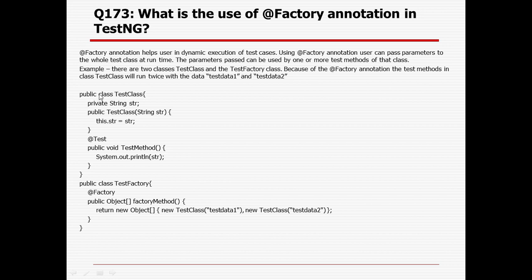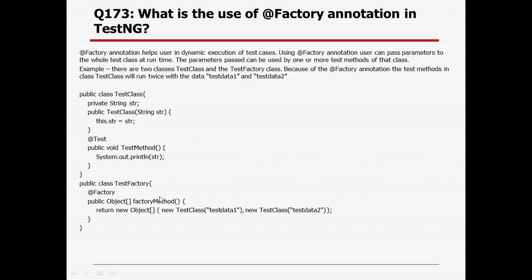Here I am creating a test class where I create a string, and I provide the reference of the string using a constructor, setting this string equal to the string. In that test class I use the @Test annotation and create a method which gives the output as the string. I then create another class, test factory, where I use the @Factory annotation.